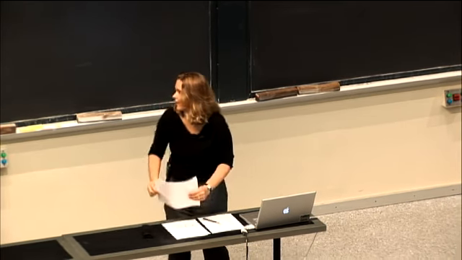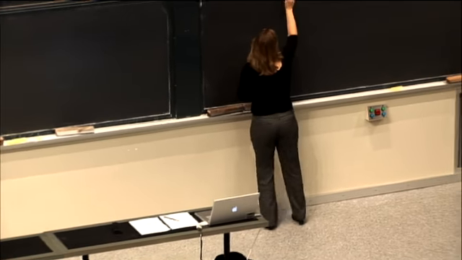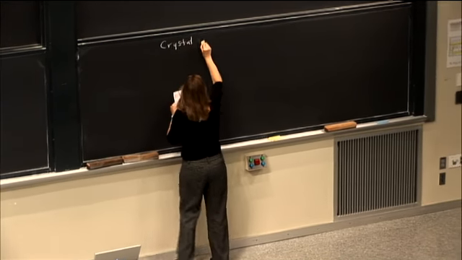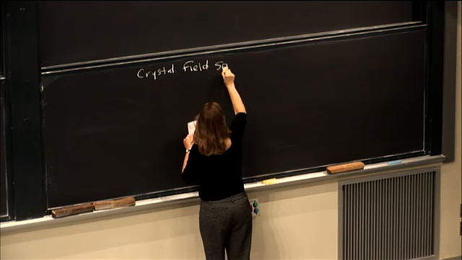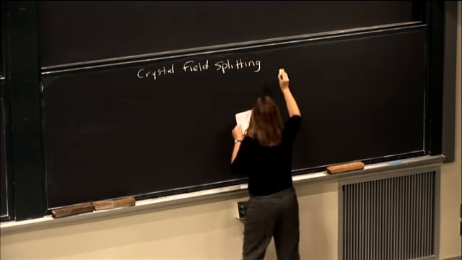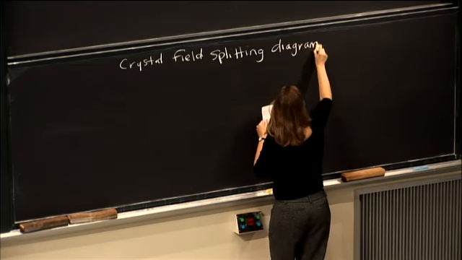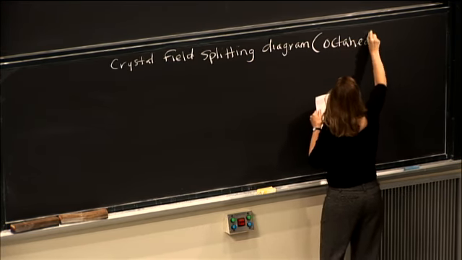OK, so now we're going to draw some diagrams. I'm going to start over here. So we're going to draw what's called a crystal field splitting diagram. And this is for an octahedral case.